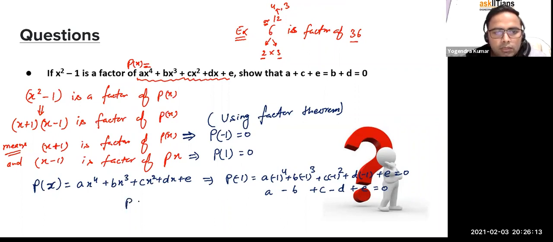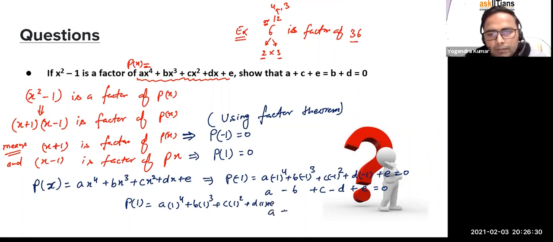Now can you tell me what is P of 1 going to be? a 1 power 4 plus b 1 power 3 plus c 1 power 2 plus d 1 plus e. So what I'm going to get here? a plus b plus c plus d plus e is equal to 0. Now this is equation number 1, equation number 2, right?